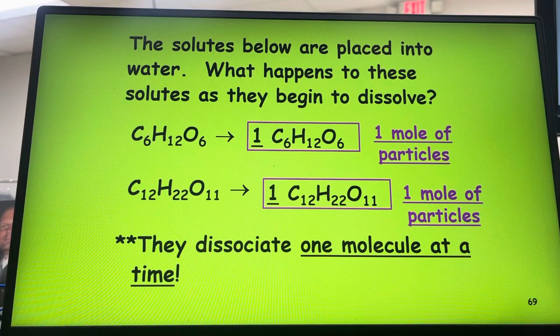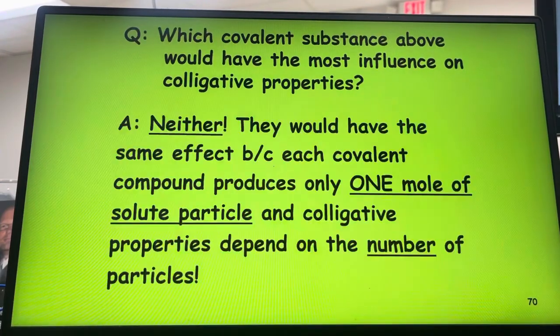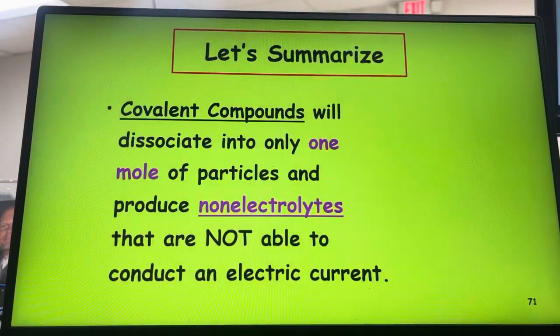So if it's about number, they're going to influence them equally, right? Each one produces only 1 mole, so the colligative properties would not be affected unless the number of particles changed. Okay? All right. So in summary, covalent compounds will dissociate into only 1 mole of particles and produce non-electrolytes. They are not able to conduct an electric current.